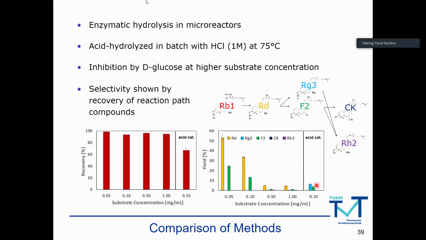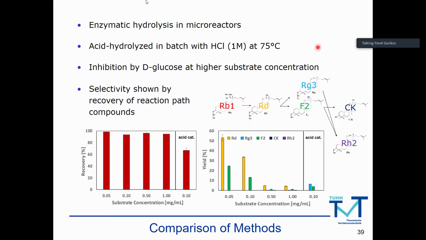If you take a look at the conventional process, you see how difficult it is to get a high yield. It is basically a yield of less than 10% for this compound, and for this compound, it is very, very difficult, almost impossible to stop the reaction at this RD level. So just detach one glucose unit, which is also a very interesting product. However, in the microreactor, you can speak about yields of 50%.